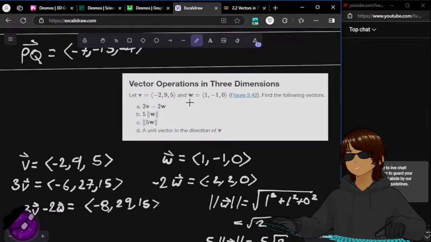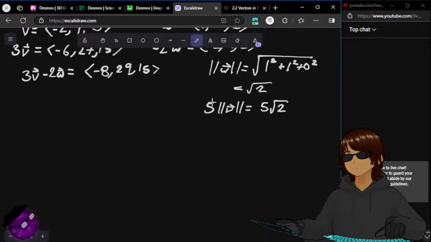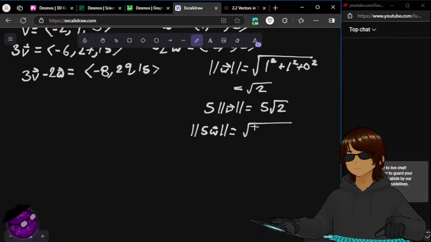And then if we have 5W, we have 5, negative 5, 0. Shouldn't it be the same? 5 squared plus 5 squared plus 0. 25 plus 25 is 50.